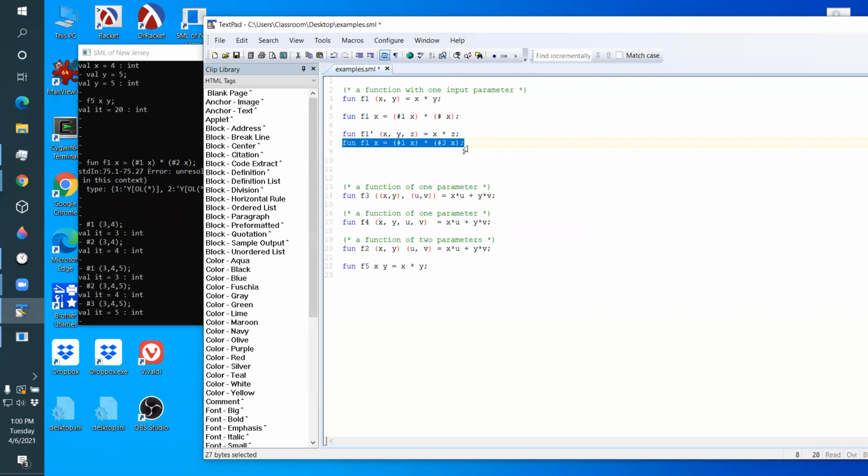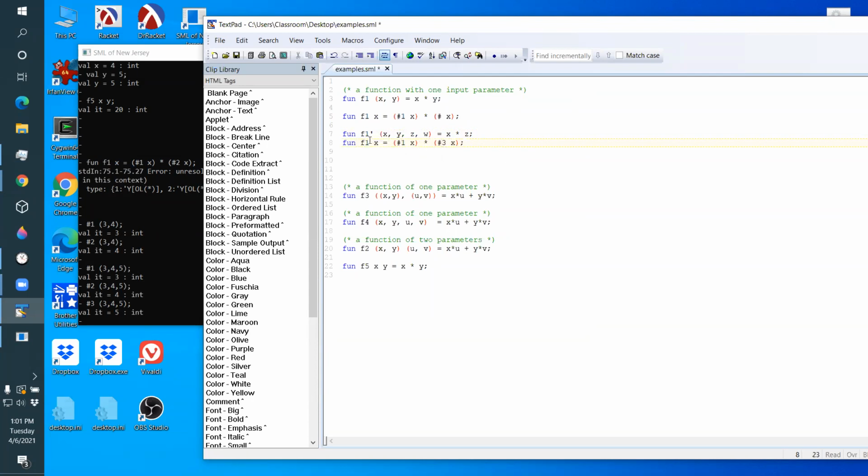In this line of code, ML has no way of knowing that this is a triple. I could even do this: it's a quadruple, but I'm using the first and third of the quadruple. ML has no way of knowing that here, that I really want a quadruple, but I only want to use the first and third of the quadruple.